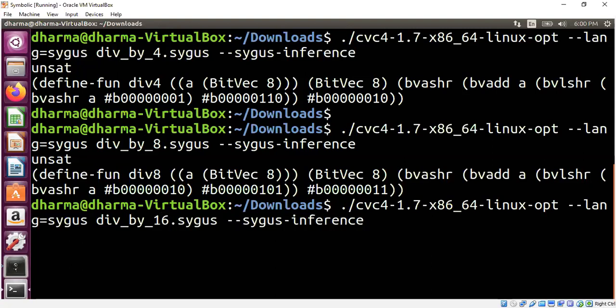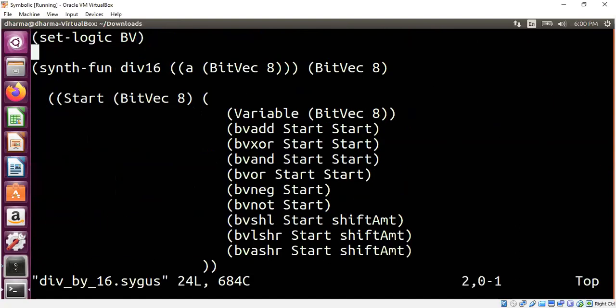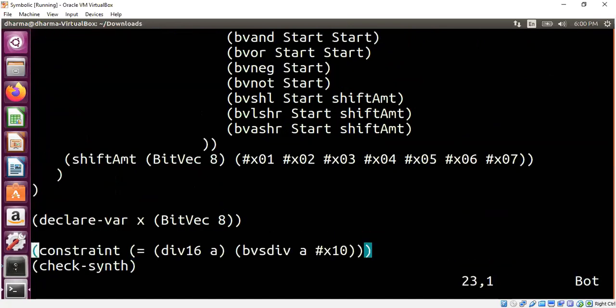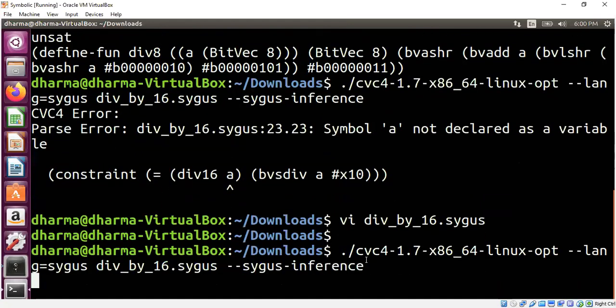Maybe I made a small mistake in my division by 16. I have multiple programs which are more or less the same, just for demo purposes. So I declared it by the wrong name. Sorry for that. Now we need to see 16.